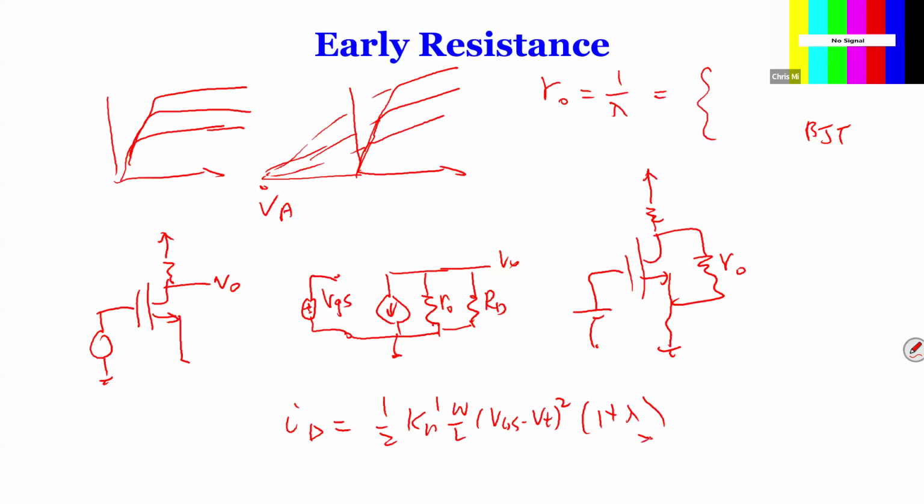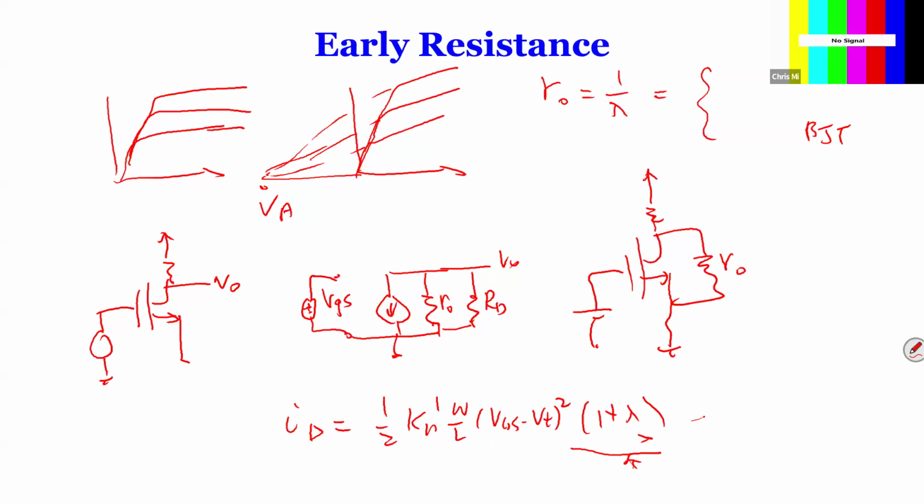I don't remember the equations exactly, but you can look them up later. This term increases the value as the channel effect becomes stronger. That's where we separate these two terms, and we get the DC equivalent circuit.